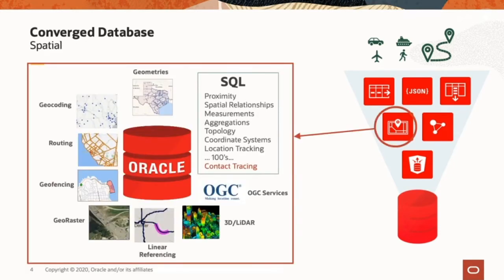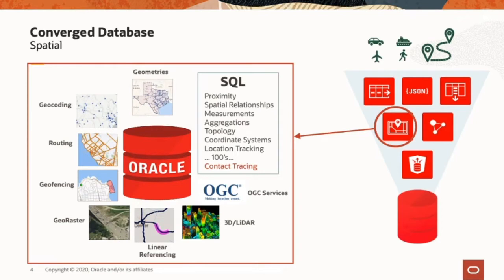What this looks like in our world at Oracle is, from the spatial perspective, spatial features of this converged platform that, of course, support native storing and indexing of traditional point, line, polygons and collections of geometries, other spatial data structures for geocoding, routing, geofencing, etc., and a pretty vast API for spatial analysis and processing.